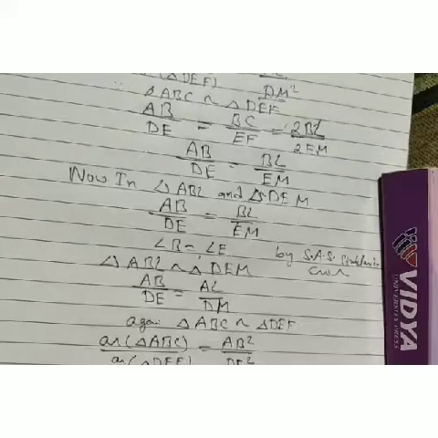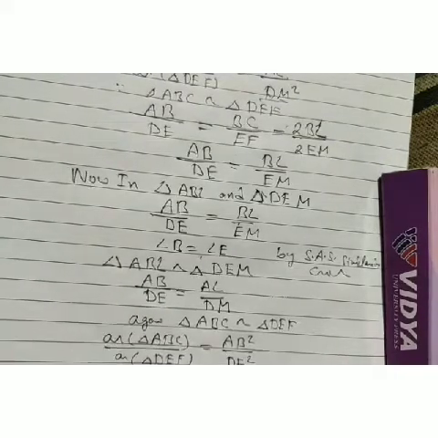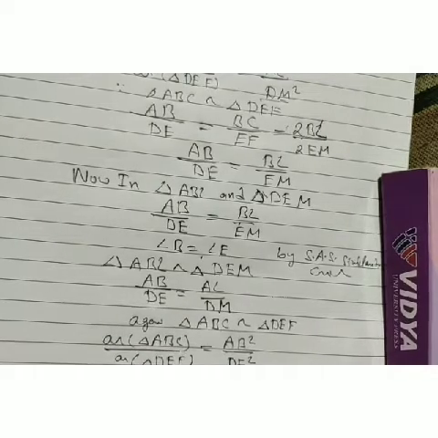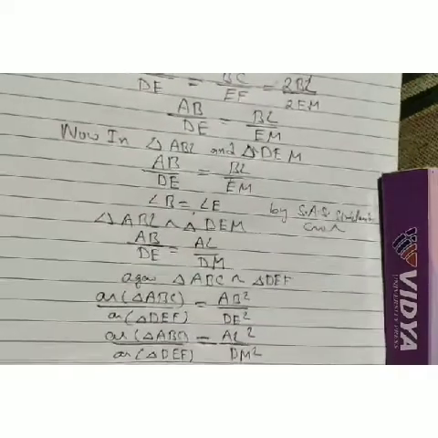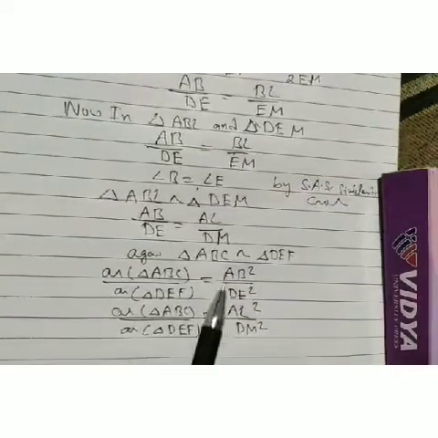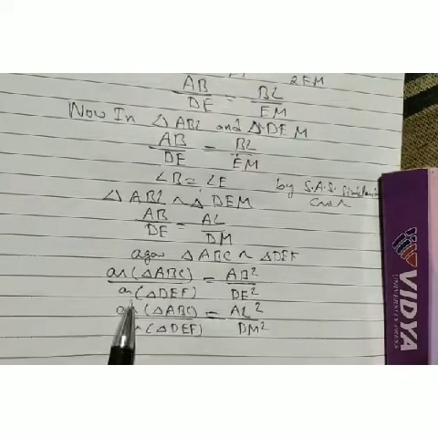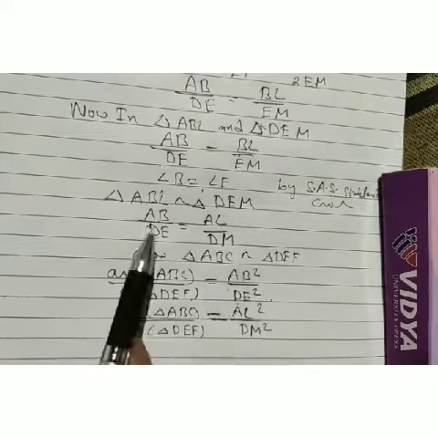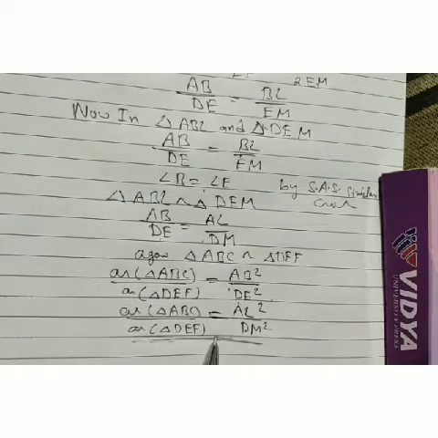Then we can change it to AL square to DM square. So the area of triangle ABC to the area of triangle DEF is equal to AL square to DM square. This is our required result.